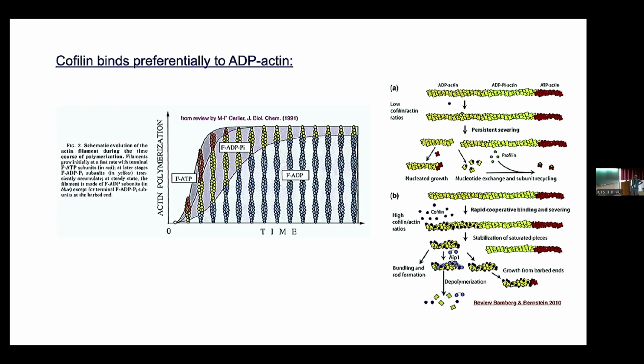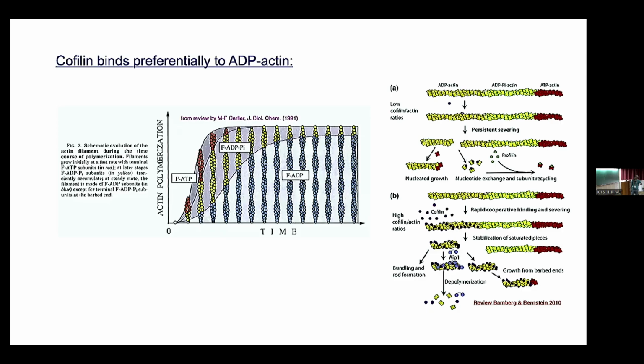It's also important to note that cofilin or ADF, they're similar proteins, cannot bind to freshly polymerized actin. This is because freshly polymerized actin is ATP actin, and as time progresses, ATP gets hydrolyzed.